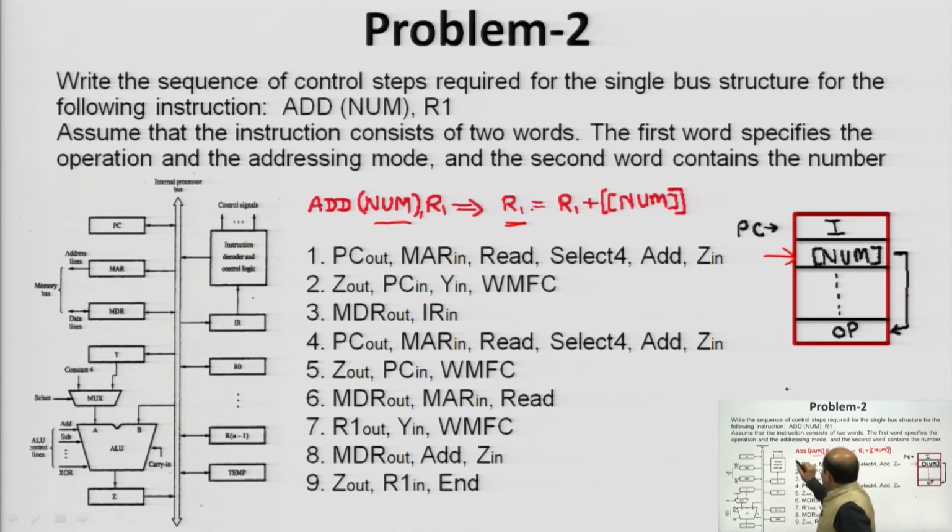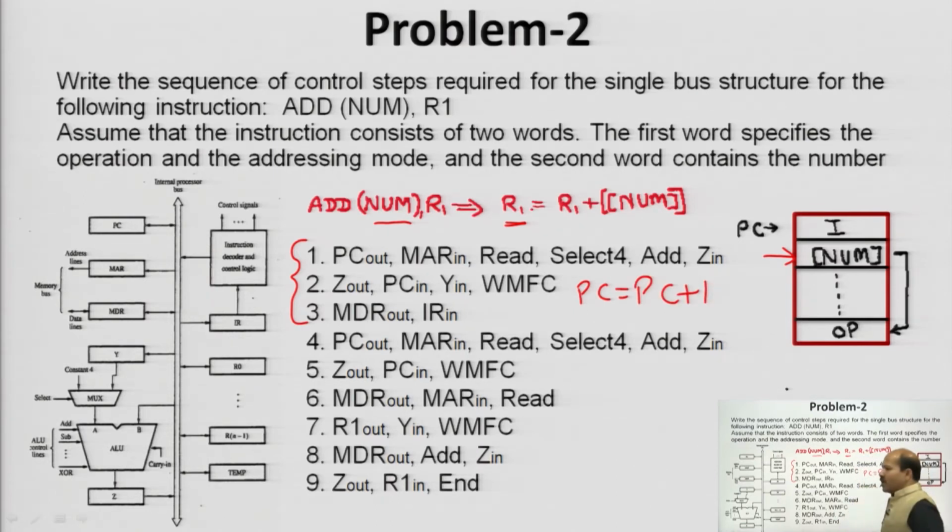So, as I said, the first 3 steps are common to all types of programs. These first 3 steps are the simple instruction fetch steps, and in parallel to that the PC value is updated by 1. PC equals PC plus 1 means the address of the next word in the main memory, from where we can get the address of this particular num address.